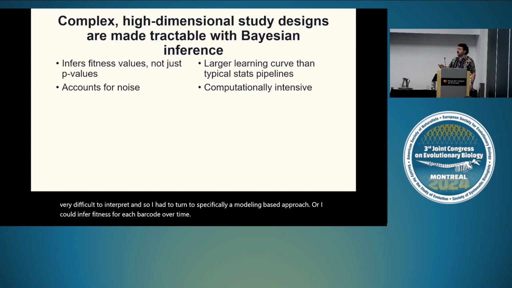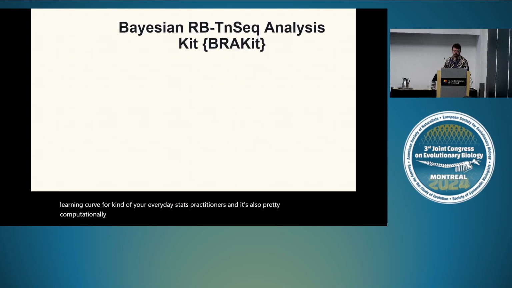The key to this was Bayesian inference, which, briefly, just a high-level overview, allows you to infer fitness with confidence intervals, not just p-values, and it can account for noise, and sequencing experiments are extremely noisy. But it's a very large learning curve for your everyday stats practitioners, and it's also pretty computationally intensive.